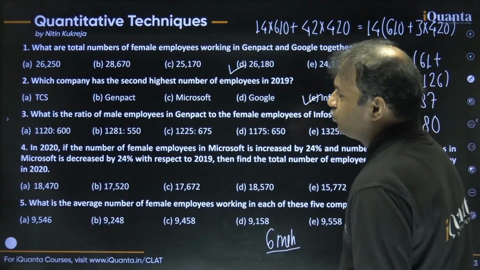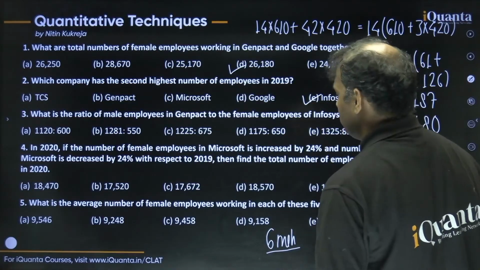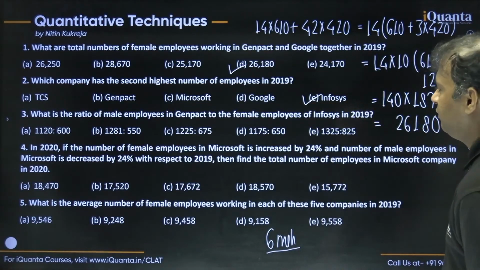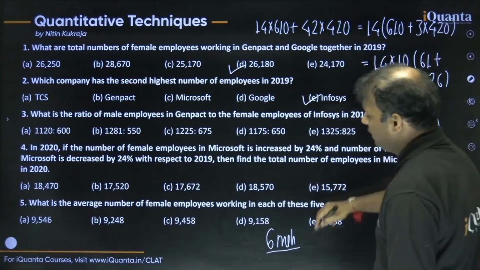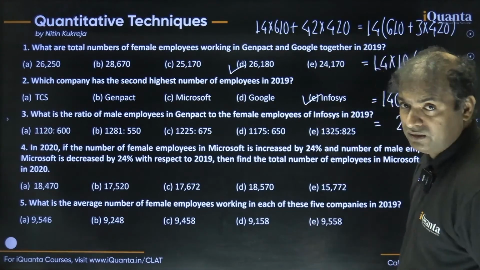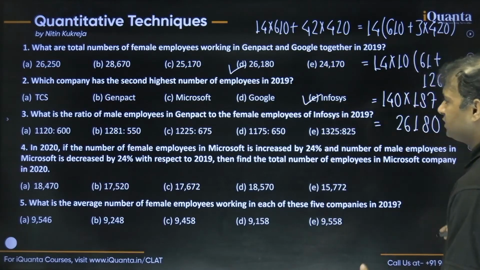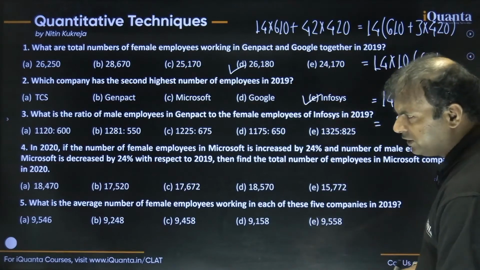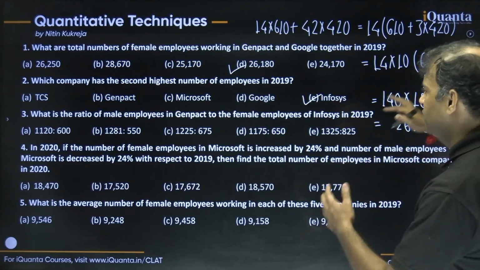Look at question number 3. They're asking the ratio of male of Genpact to female of Infosys. Okay, male of Genpact and female of Infosys. Guys, this question is about the ratio, and whenever there is a ratio, you really do not need to calculate everything. Most of the time it will make things easy for sure, right? So let's just write down the numbers in product form, but do not calculate the whole thing, right? What they're asking, let me write in the next slide.